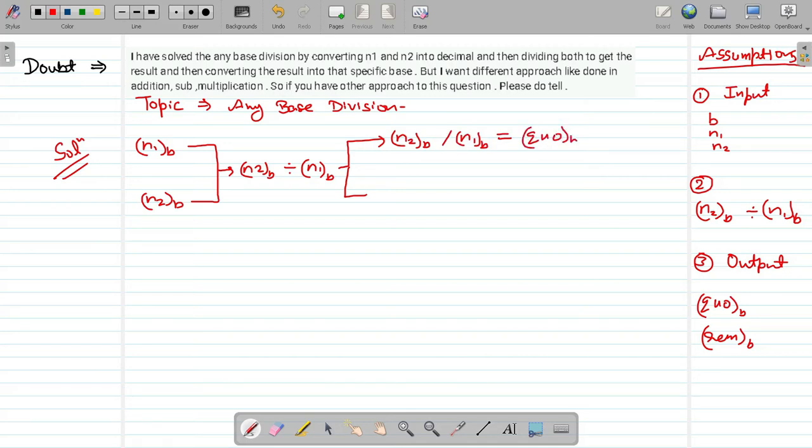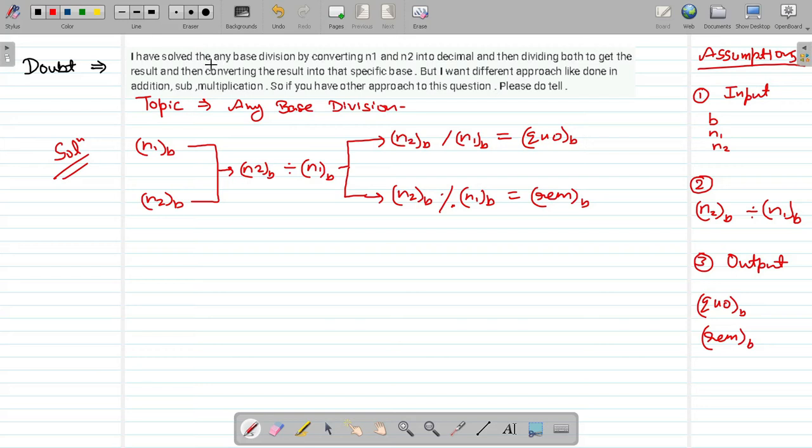This will also be in base b. And second part is n2 of base b modulus n1 of base b. Sorry, this is not division, this is modulus. The modulus operator gives us the remainder. This will also be in base b. So this is what solution this question asks for.